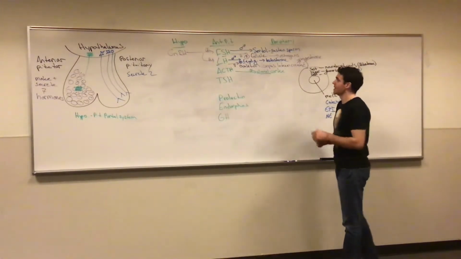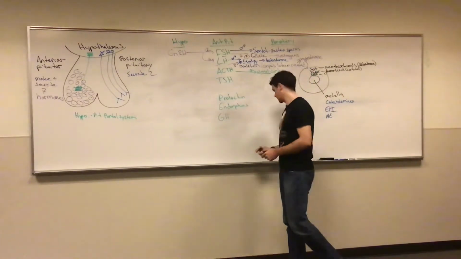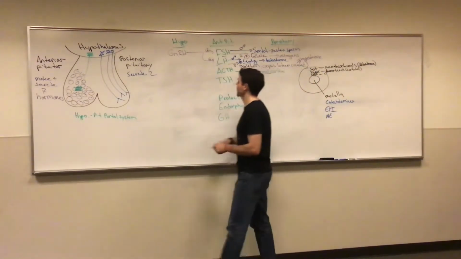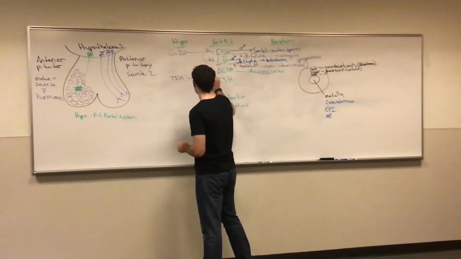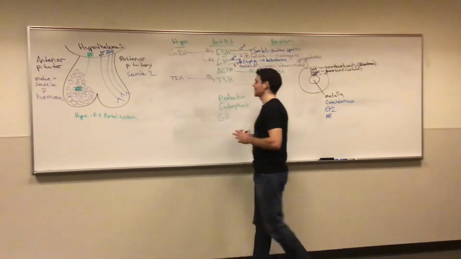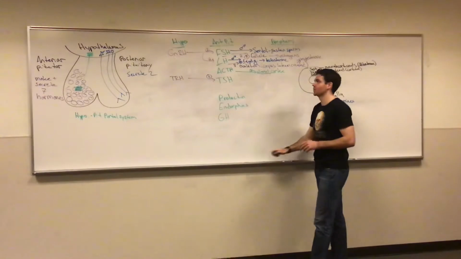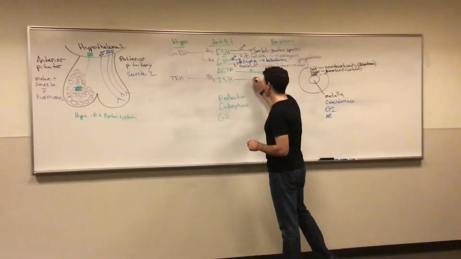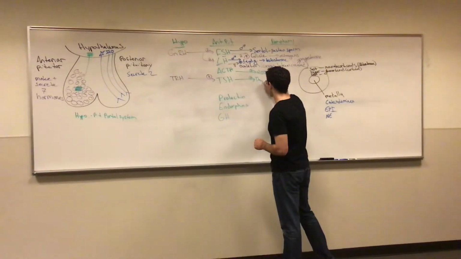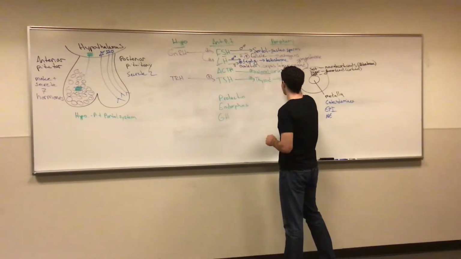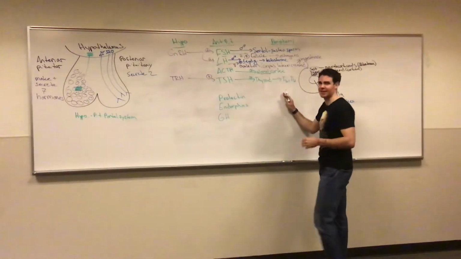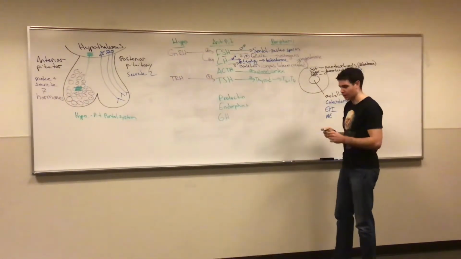Okay, thyroid stimulating hormone. So we have a couple steps here. We have the thyroid releasing hormone, and that stimulates thyroid stimulating hormone. Thyroid stimulating hormone then stimulates the thyroid, and the thyroid releases thyroid hormone. So we write that as T3 or T4.